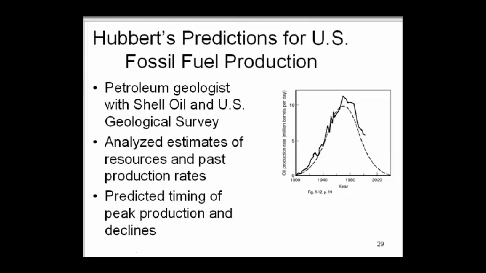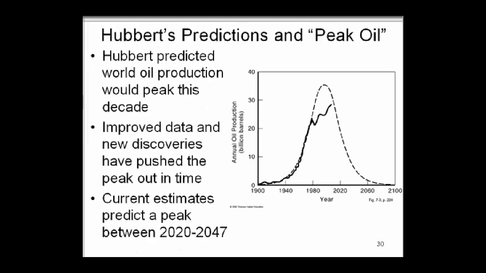The domestic production has declined progressively since the peak in around 1977. Global production was also estimated by Hubbert, and he predicted that world oil production would peak during this decade, between 2000 and 2010.